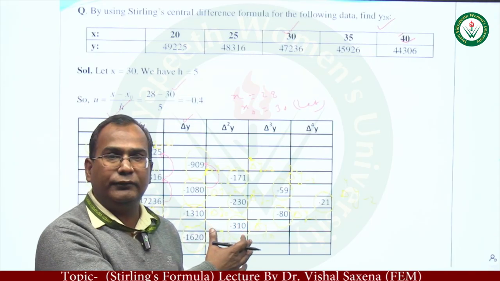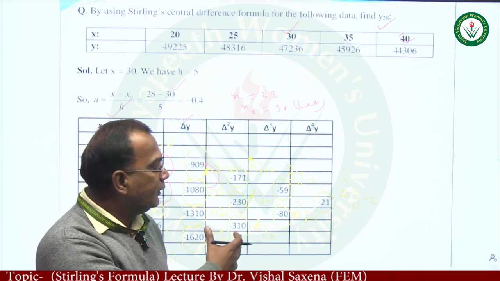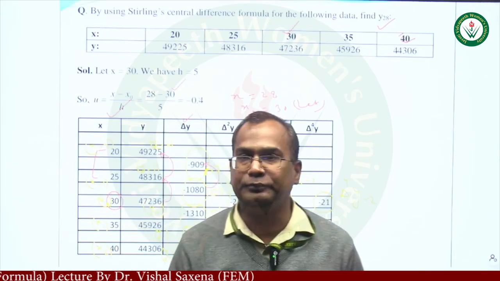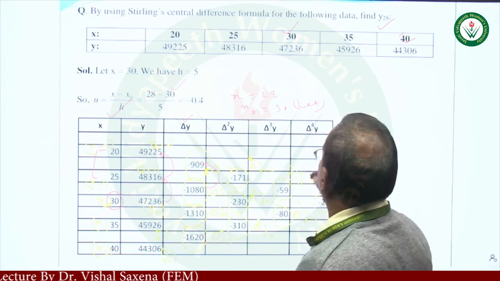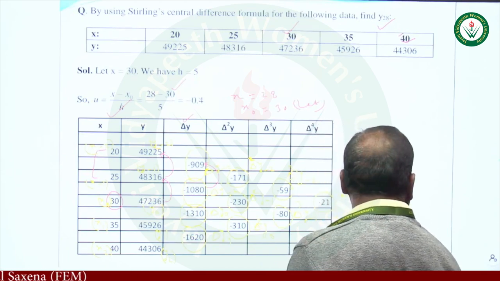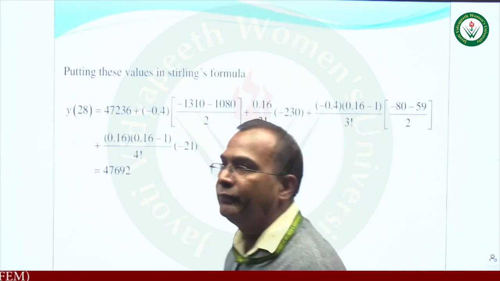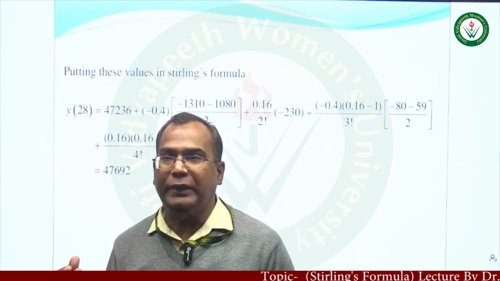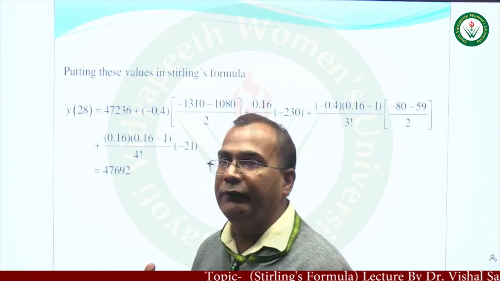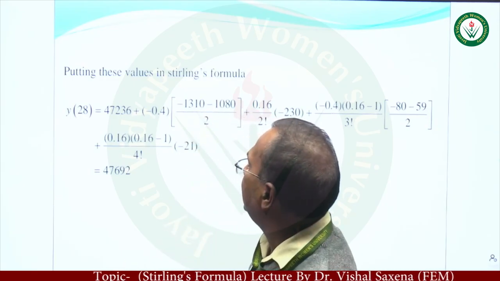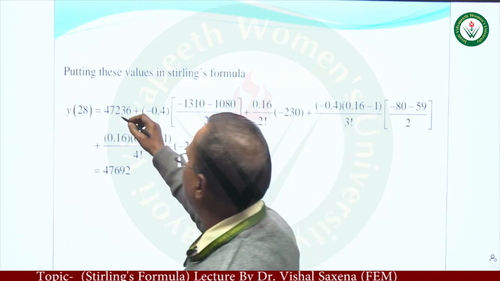So in this way we have discussed these values, del 4 y minus 2, and now we see this one here. This is the formula in which we have to put the values. The formula we have already discussed, Stirling's interpolation formula.